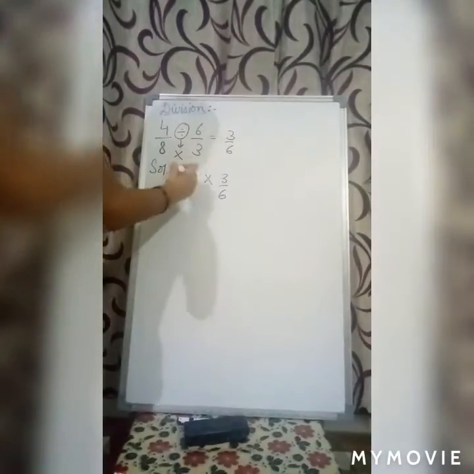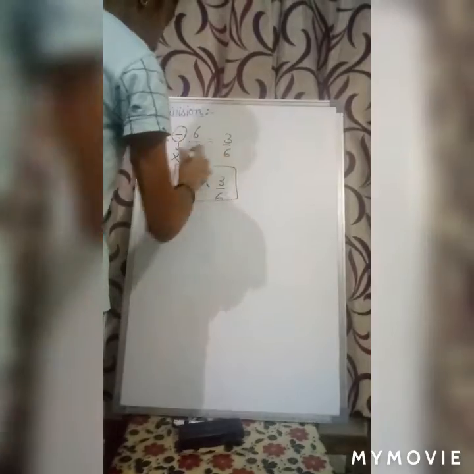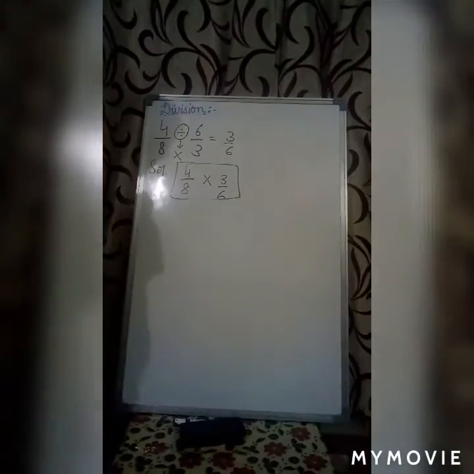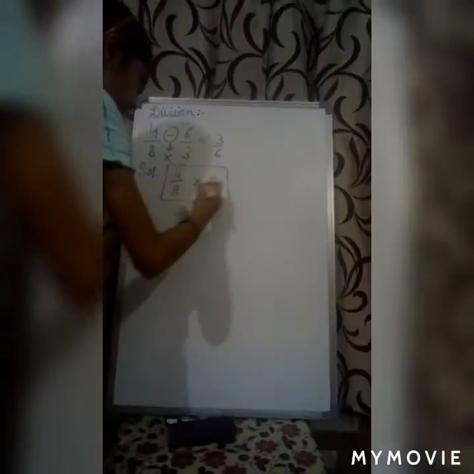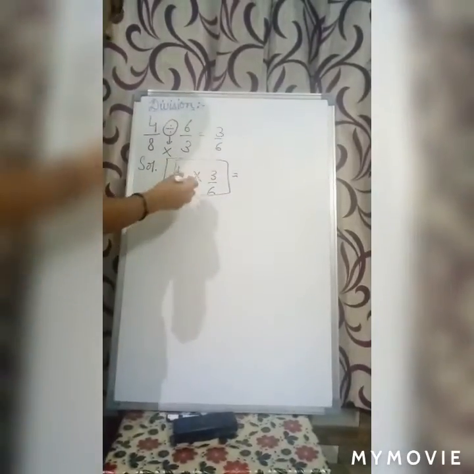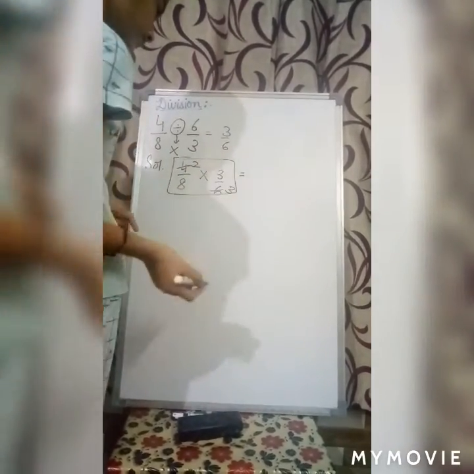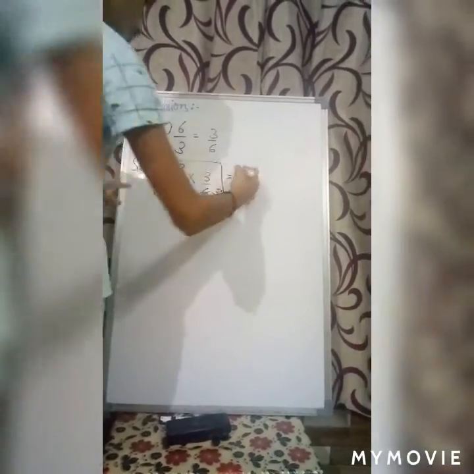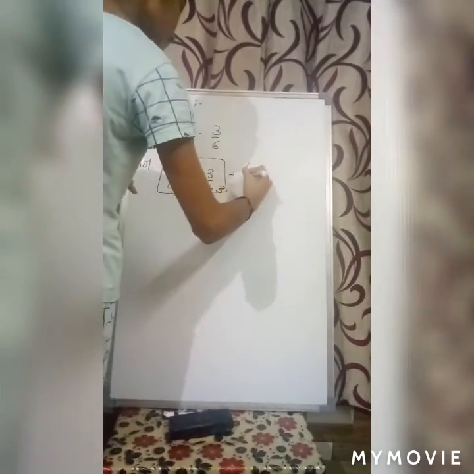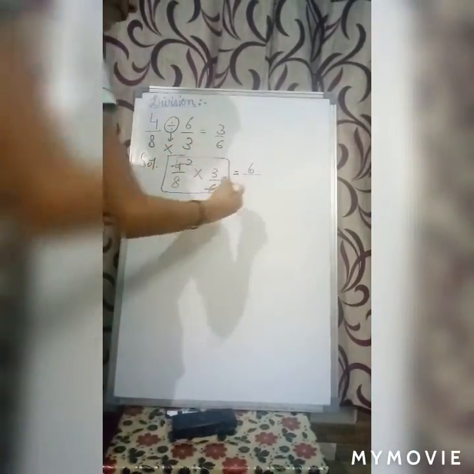Now we'll start multiplying like we were multiplying earlier. The 4 and 8 would go by 4, and the 3 and 6 would go by 3. So 2 into 3 is 6 and 8 into 3 is 24.